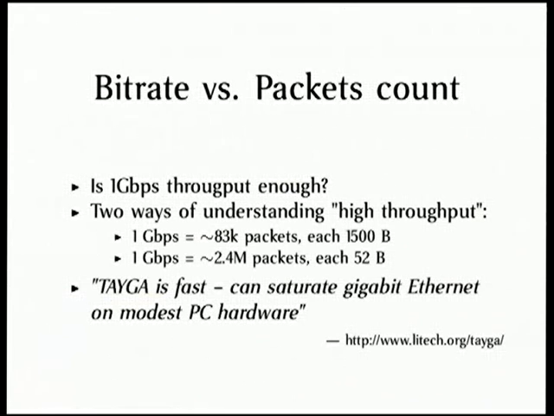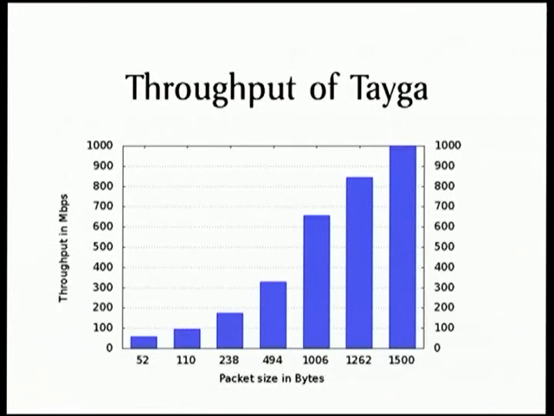I have an example here from Tayga's homepage, which says, Tayga is fast, can saturate gigabit Ethernet on modest PC hardware. I can't say that it's not true, because it is, as you can see, but you can also see that it doesn't perform at such level on different packet sizes. And that's what you don't know until you install it into a network.